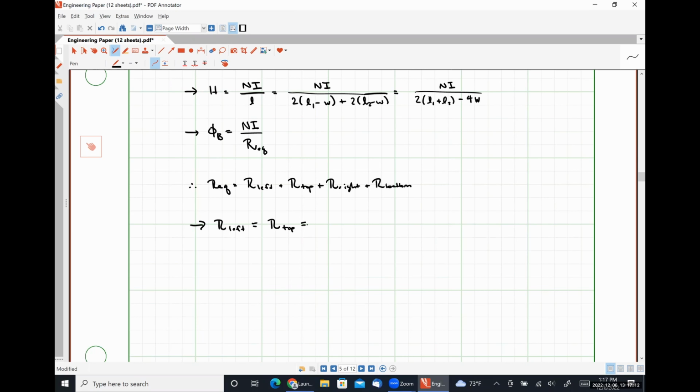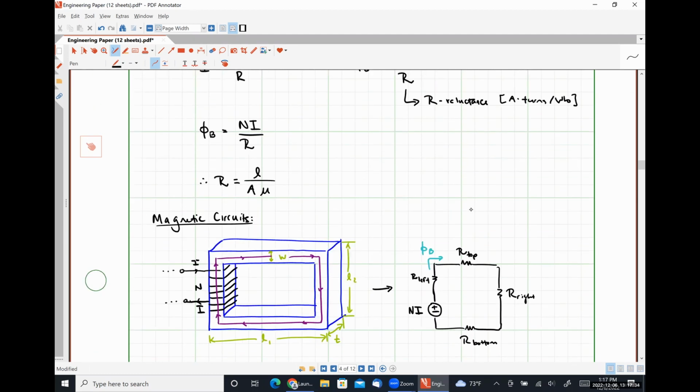So that's going to be, sorry, left and right, not left and top. My apologies. L2 minus W divided by mu. And then what's our cross-sectional area of this core going to be? It's going to be this area here, right?